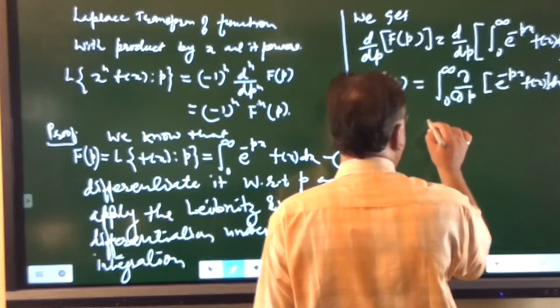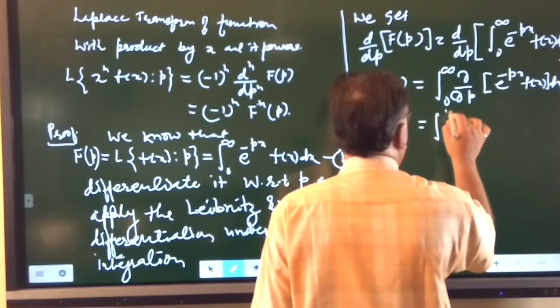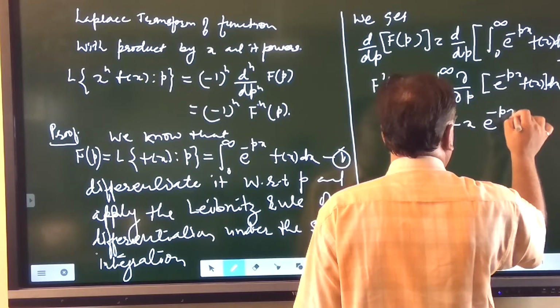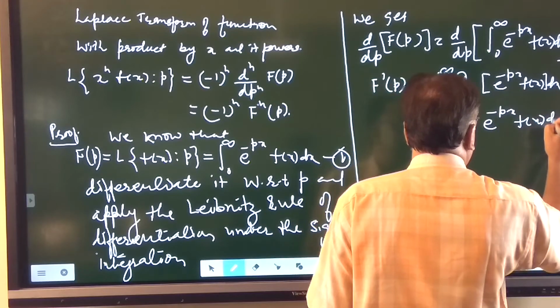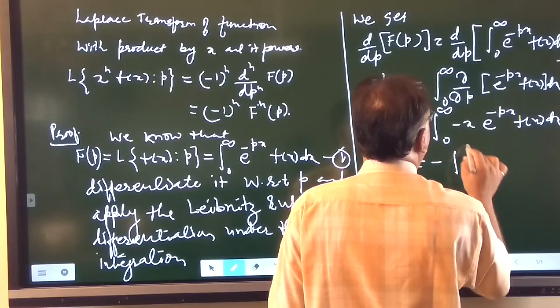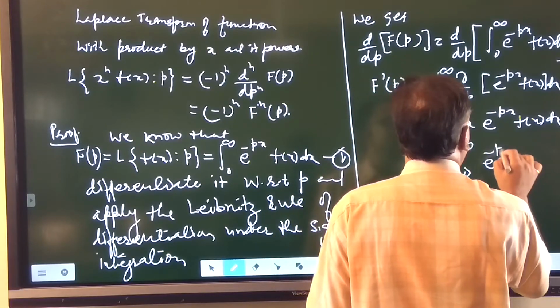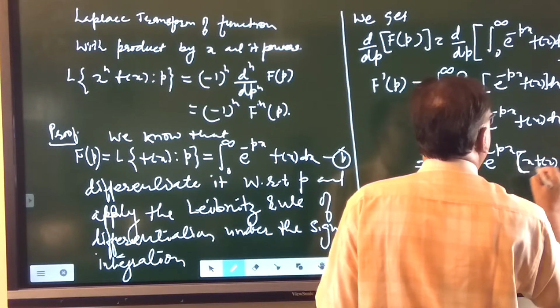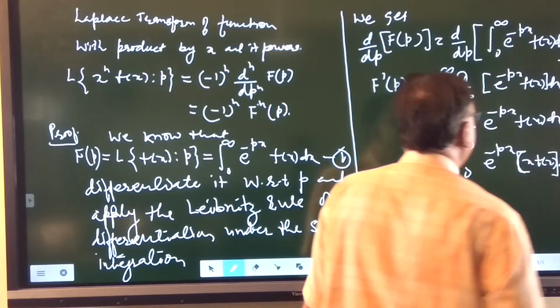So differentiating partially, we get integral 0 to infinity minus x e raised to minus px f(x) dx, or minus of integral 0 to infinity e raised to minus px into x f(x) dx.